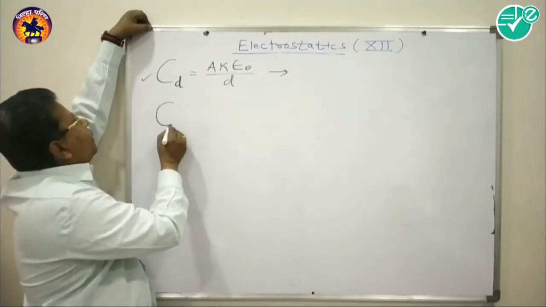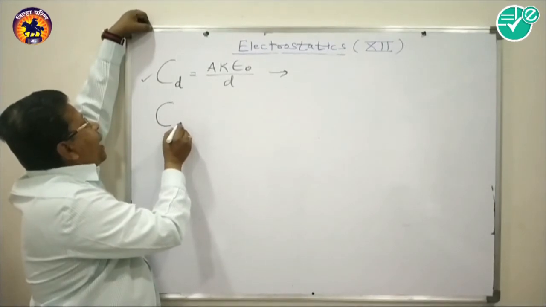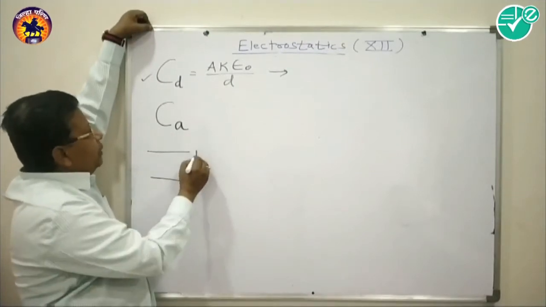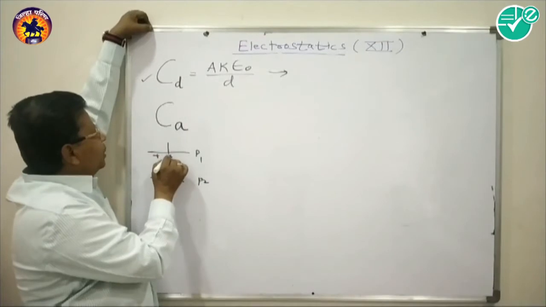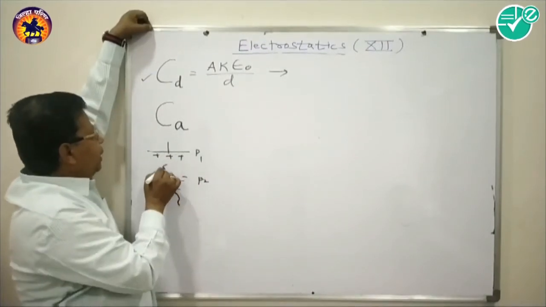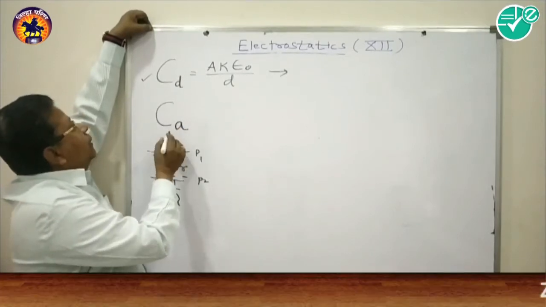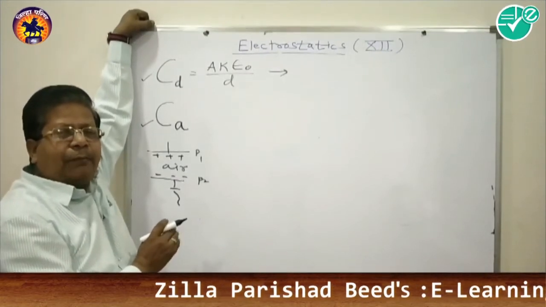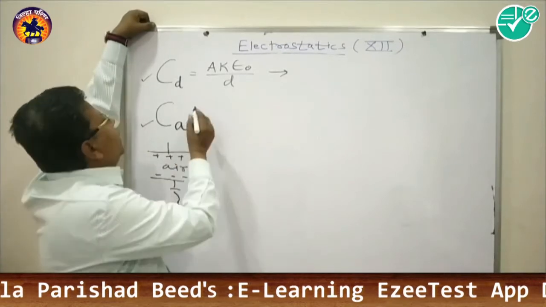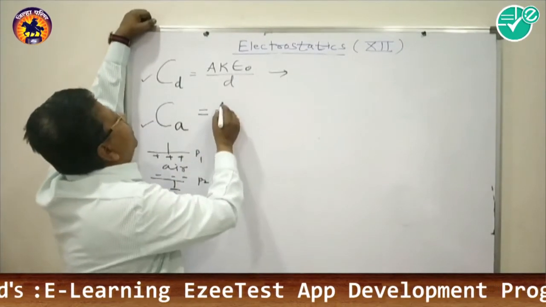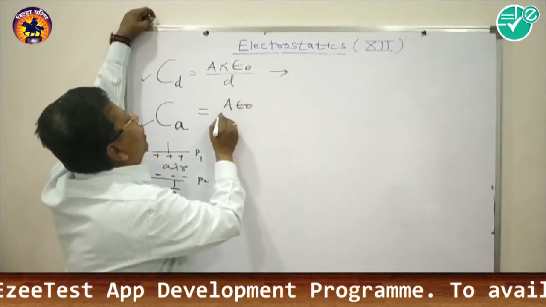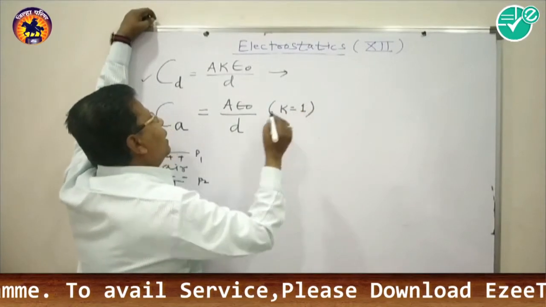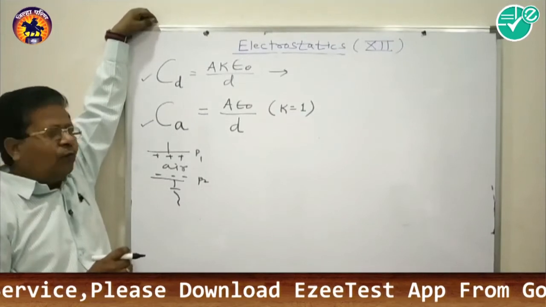If the space between P1 and P2, which form the parallel plate capacitor, is filled with air, then the expression for capacitance of a parallel plate capacitor filled with air is given by the formula Ca is equal to A epsilon 0 divided by D, because the medium between the two plates is air, and for air K is equal to 1.